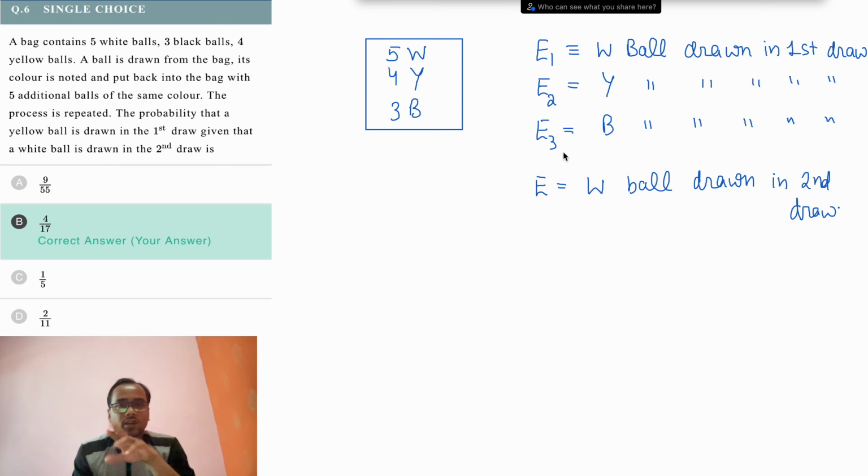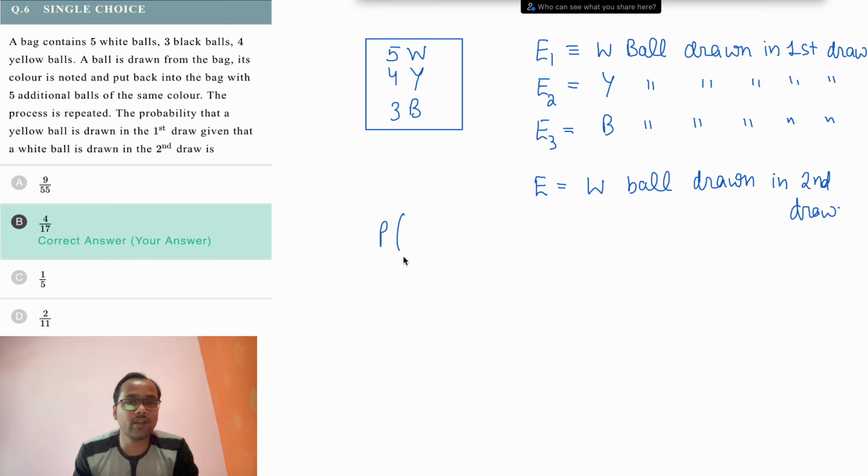Why are we writing these 3 events, E1, E2, E3? Because these are the 3 possibilities. If we are drawing one ball, either it would be white or yellow or black in the first draw. And let's say the event E is white ball drawn in the second draw. So basically what is asked of us?